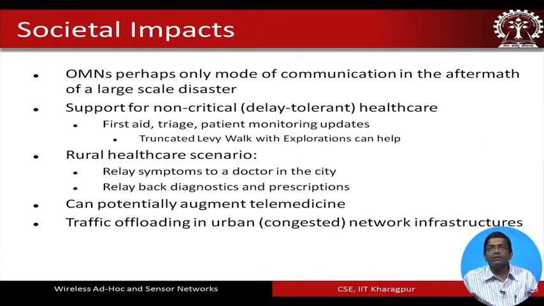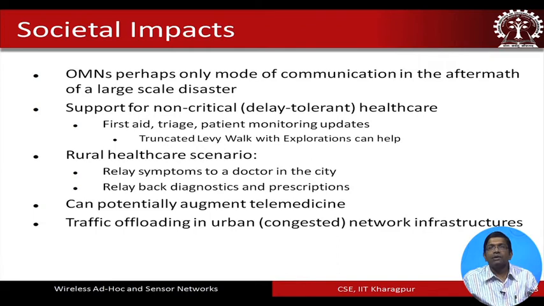Also, in rural healthcare scenarios there is a lack of connectivity between the different nodes. The villagers come in contact with the doctors in the city only after several hours.